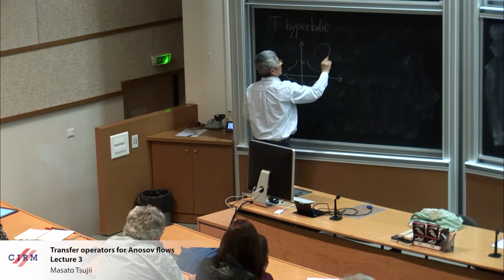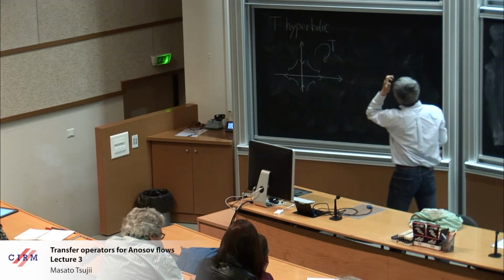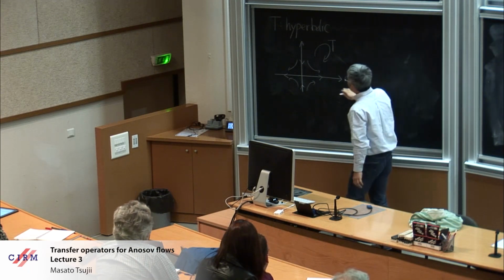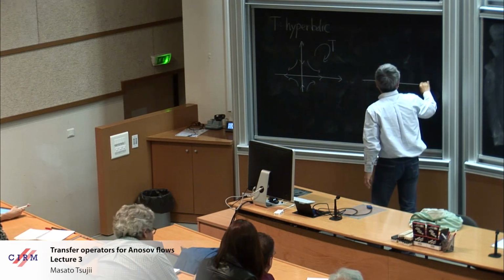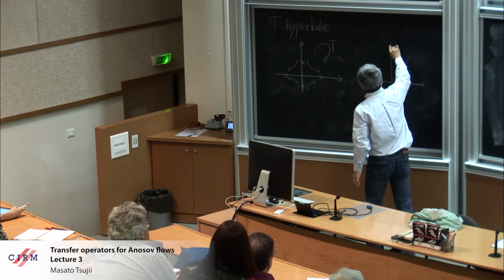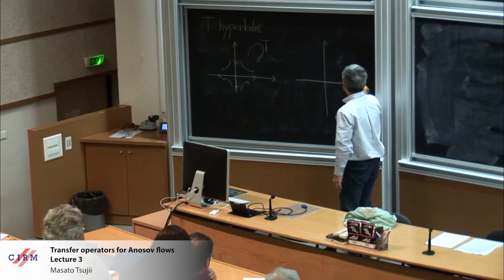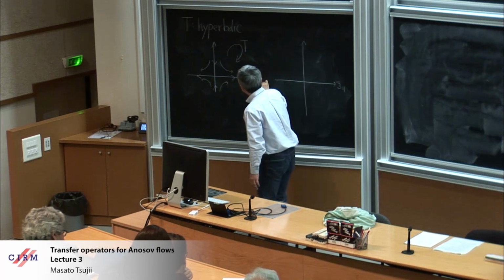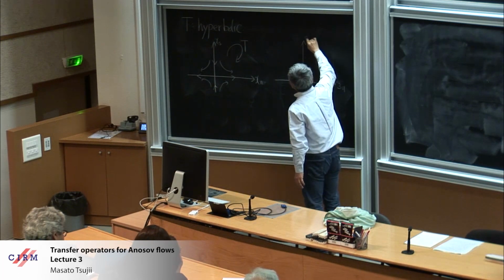Okay, this is T, and how does the action of T on the cotangent bundle look? In position, things move like this, but in cotangent space, let us ignore the x direction, so we only consider xi. Here, this is xi u, the unstable direction, and this is the stable direction, xi s.